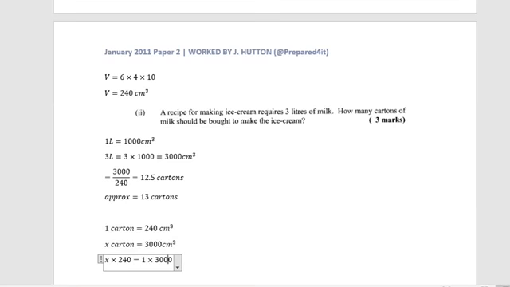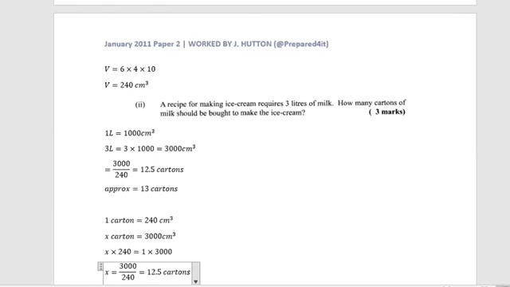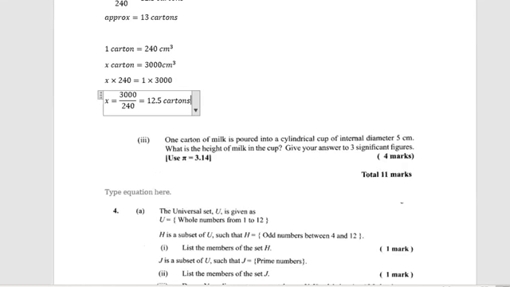And once again, as we always know, now we're going to solve for X. So X is equal to 1 times 3000, which will give us 3000, divided by 240, which will give us 12.5 cartons. And as we just said, we cannot go to the store and buy 12.5 cartons, so we'll buy approximately 13 boxes.